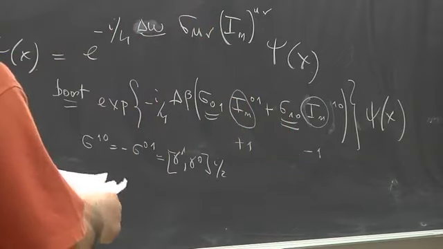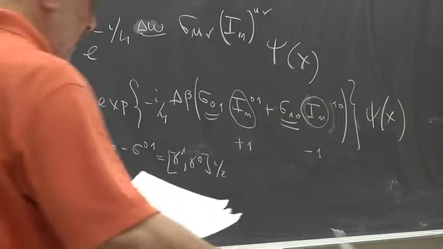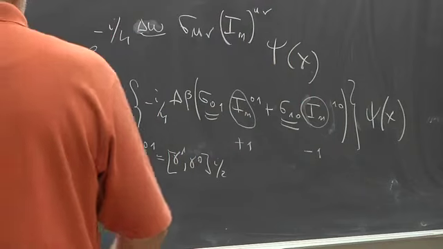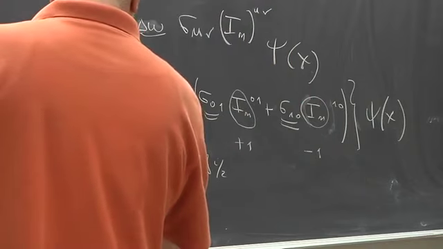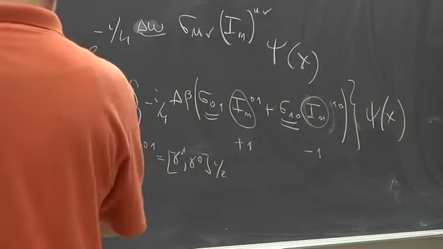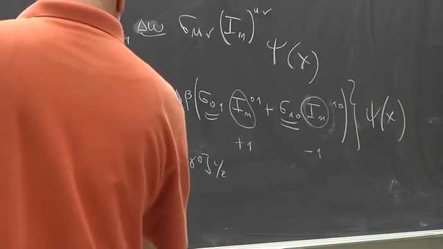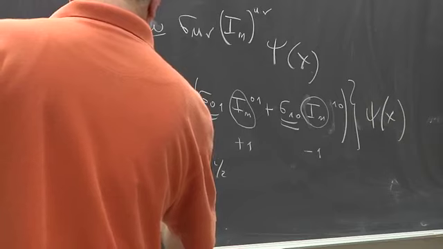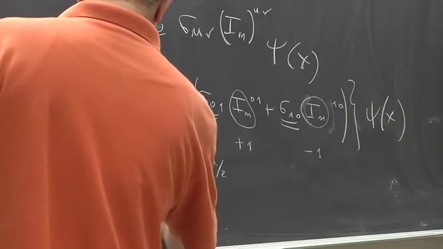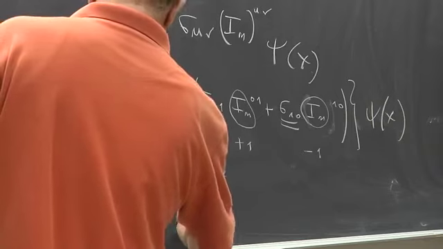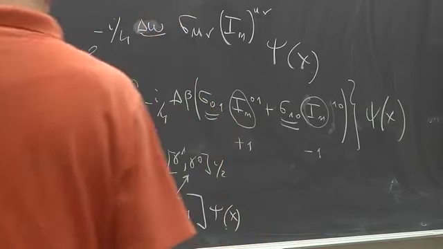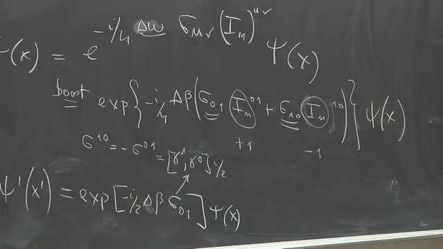So you put in all those things, and the net result is psi prime of x prime equals exponential of minus i over 2 delta beta sigma 0 1 psi of x, and sigma 0 1 of psi of x is that one.